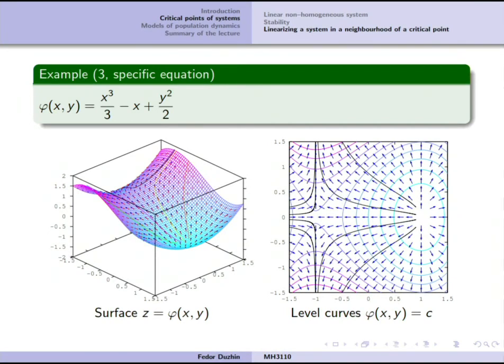Right, so here, if we transform this function into a system of differential equations, then we are going to get dx/dt is the derivative with respect to x, which is x squared minus 1, and dy/dt is the derivative with respect to y, which is 2y.